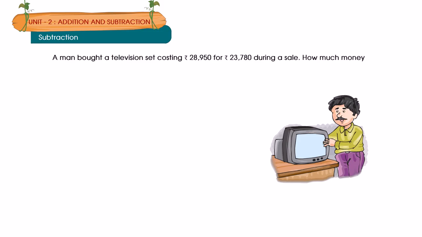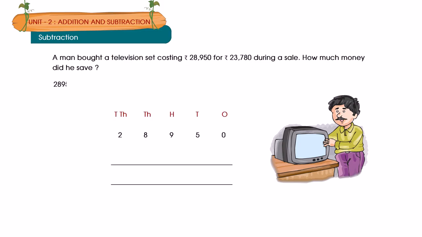How much money did he save? 28,950 minus 23,780 is equal to how much? 28,950 minus 23,780 is equal to 5,170. Answer: he saved rupees 5,170.